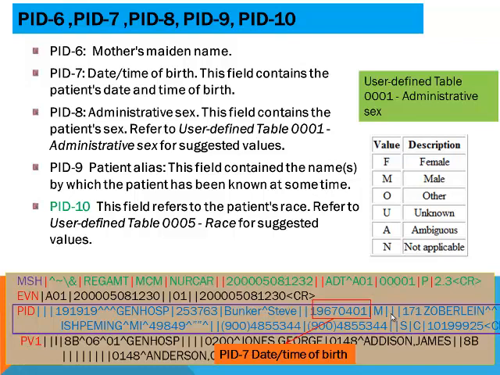For PID10, in fact, this field refers to the patient race. There are several codes meaning the race here. Generally you can be something, for example Asian or something.